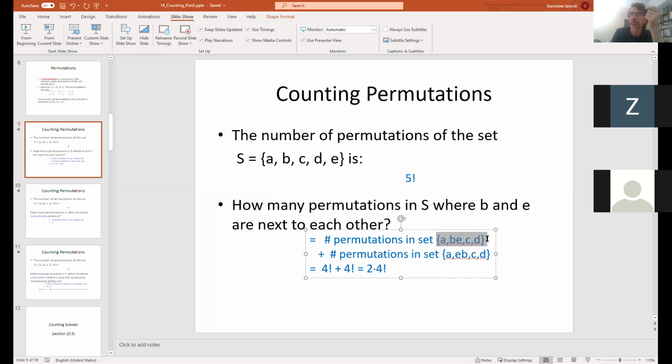These permutations are distinct, because it's a different character, so you cannot get the same order. So it is a union rule, because you basically do a top-level split: is B in front of E or E in front of B? That's a partition of the space. And then you count each of them separately as just a 4-permutation. So it's 4 factorial twice.